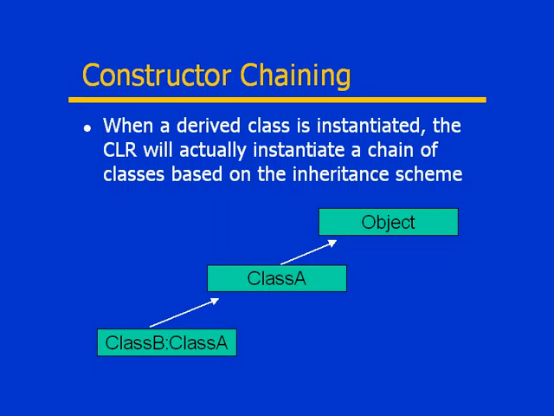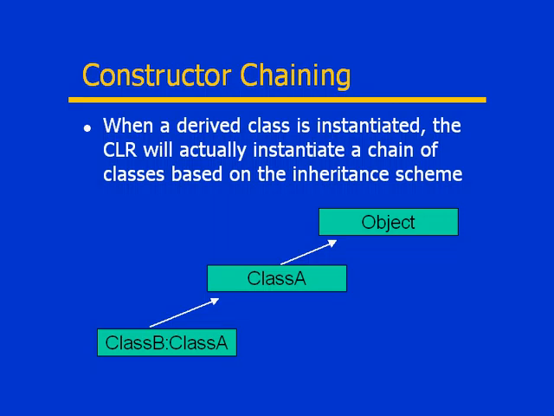As in this example, assume that we have class B, which derives from class A, and A implicitly derives from class object. That means that when I create an instance of class B, I'm actually creating an instance of three different classes: class B, class A, and class object.